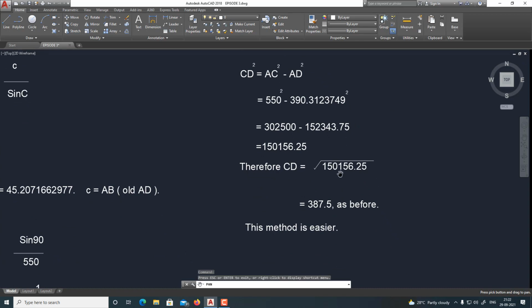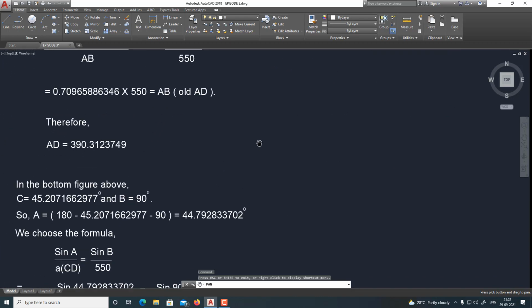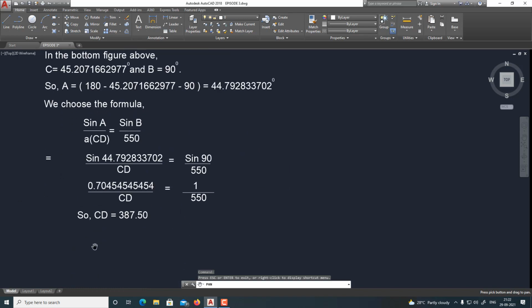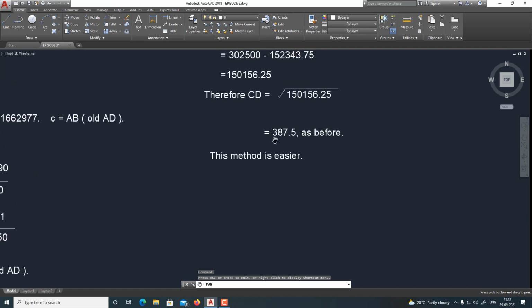So by extracting square root we will get 387.5 as before. Here also we got 387.5. This method is easier. Pythagoras theorem's method is easier.